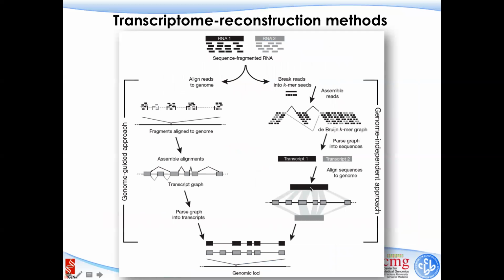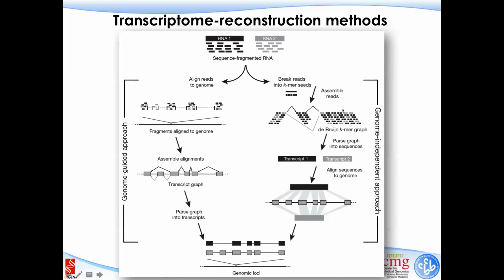Here we introduced two kinds of methods for transcriptome reconstruction. One is the genome guided approach. We do the alignment, and from the alignments we build a graph to represent possible isoforms, and from the graph we do further inference of the expression level.